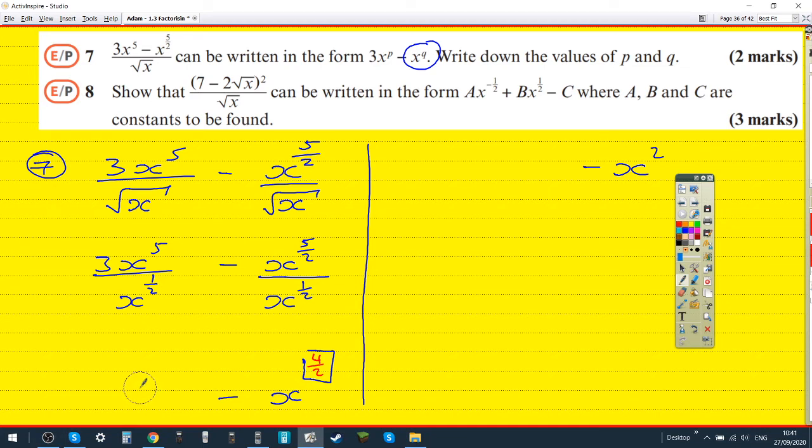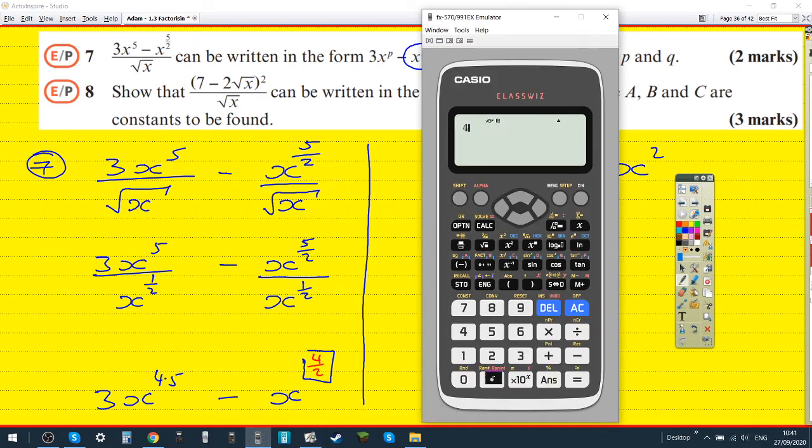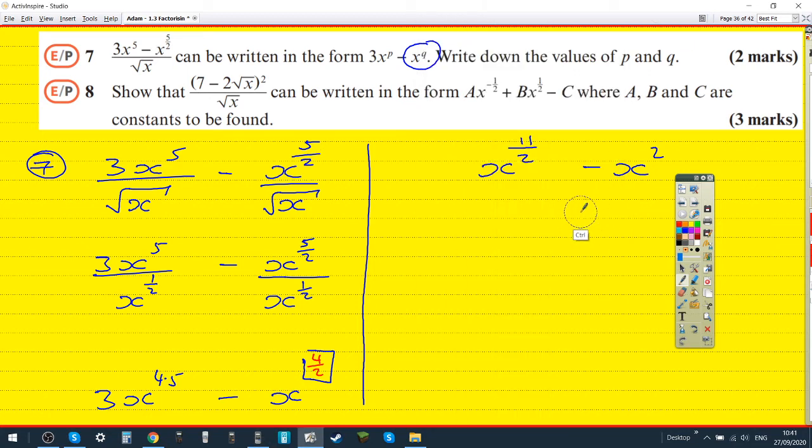Would it still be 3x? Yes. 3x to the power of 4.5, but it's better if you convert it into a fraction. So into a fraction. So would it be 11 over 2? Yep. Wait, no, yeah. And don't forget, calculator, 4.5 press equals, 9 over 2. 9 over 2, yeah. It's a good thing I checked.